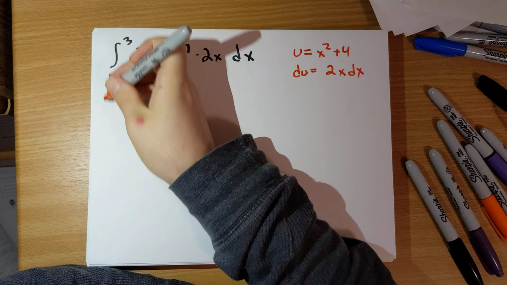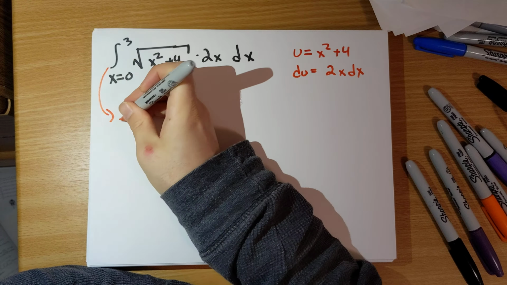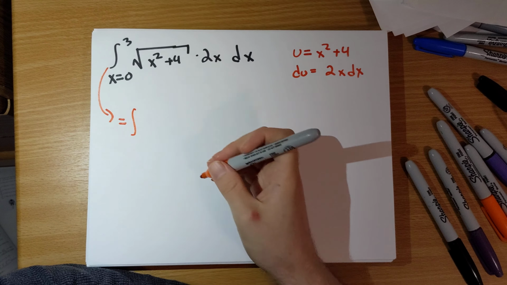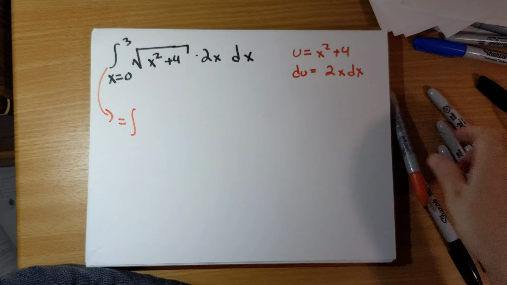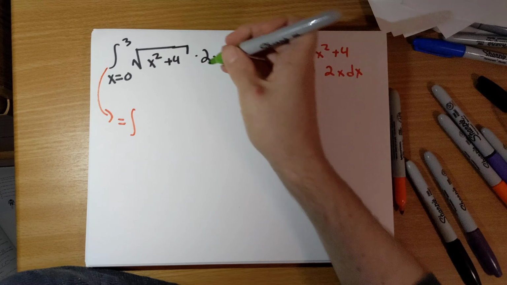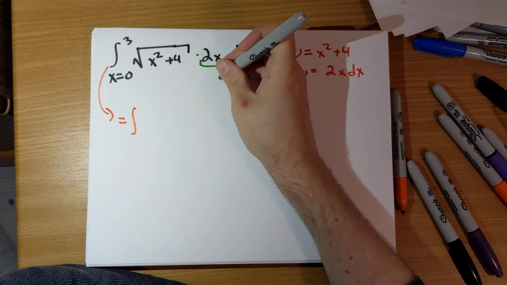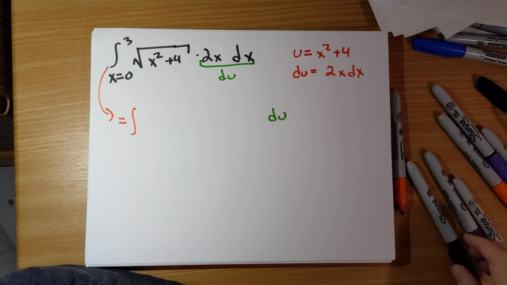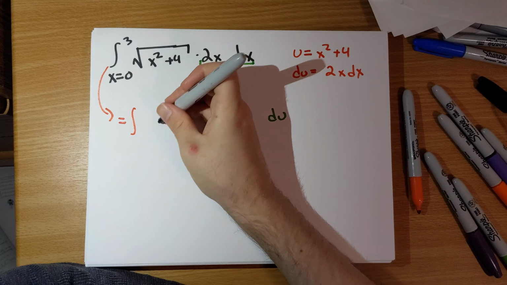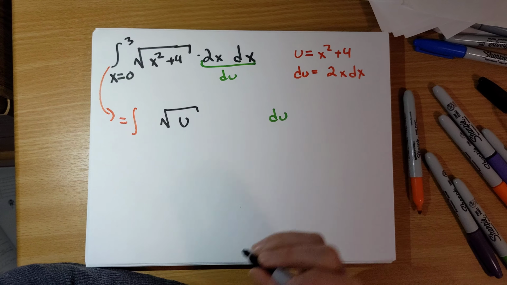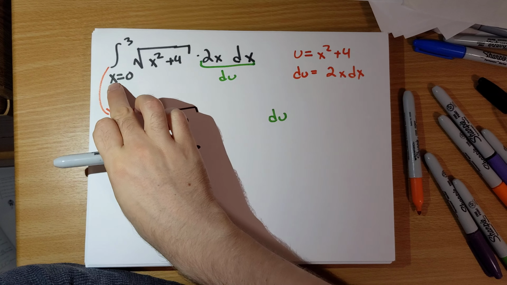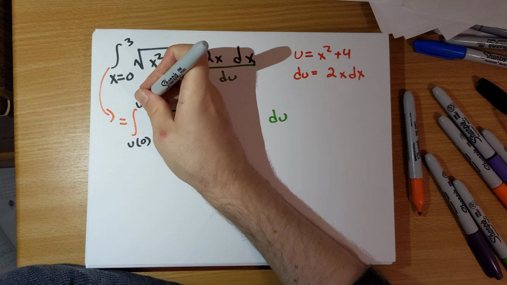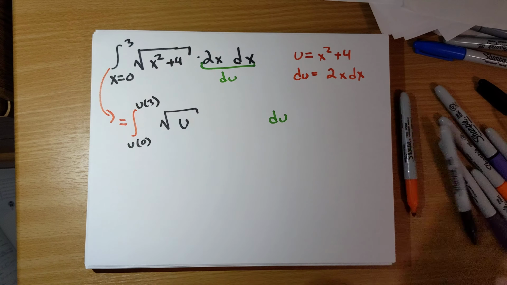And so then this integral, we're going to replace it with du here, and then we just have square root of u, and when x is equal to 0, I'm just going to write down u of 0 here. When x is equal to 3, u of 3 here.